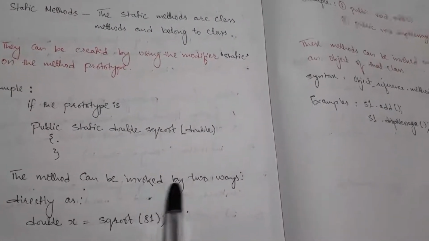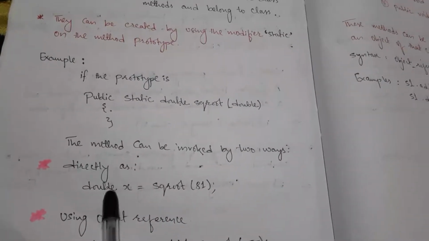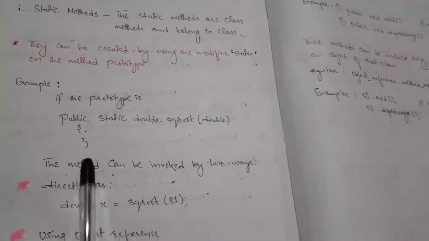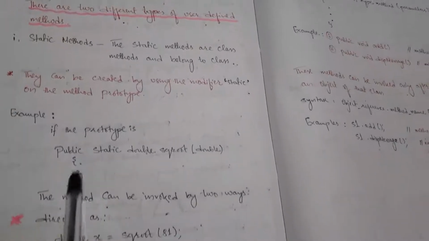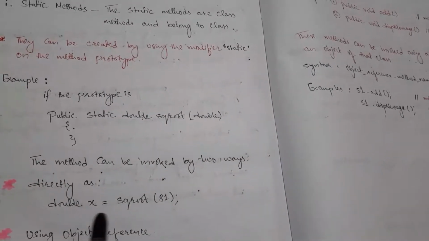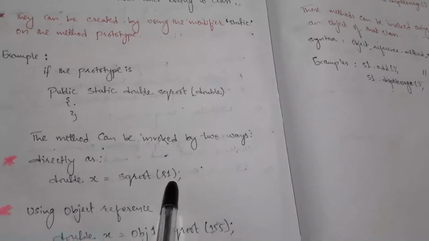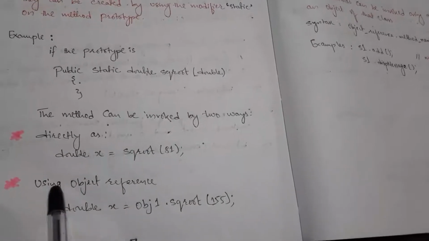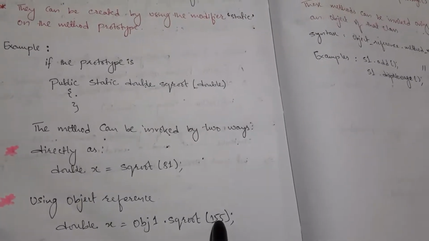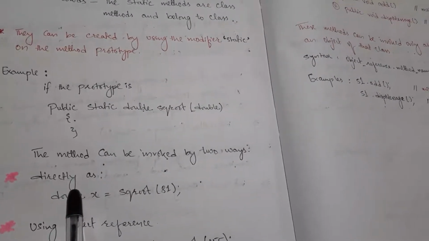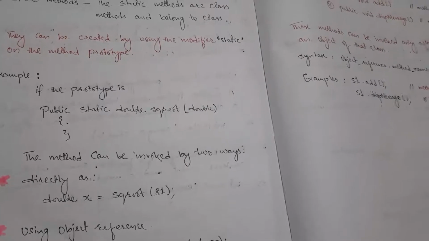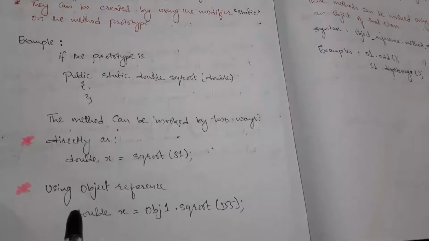For a static method, the method can be invoked, that means called, in two different ways. Directly, like double x equals squareroot(81), as shown here. We can directly invoke the method. If not, we can use another way, by creating an object for that method, using an object reference: double x equals obj1.squareroot(155), with the parameter inside the bracket. So for the first kind of user defined method, the static method, we can invoke the method in two ways: the first by invoking directly, as shown here, and the second by creating the object reference.